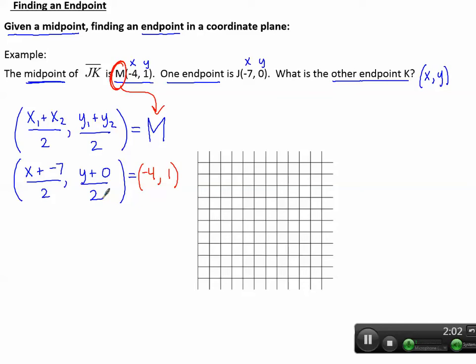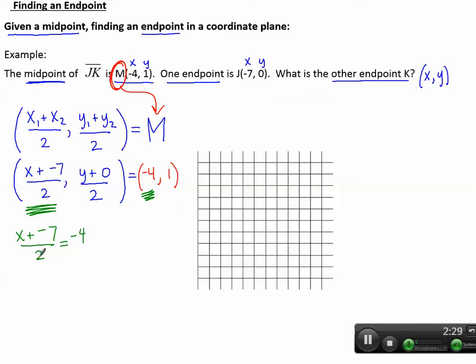Now I can practice using my algebra skills to find that missing x and missing y. Let's take them one at a time. So first I'm going to deal with the x's. The x's have to equal this x. So I'm going to write x plus -7 divided by 2 equals -4. And now I'm going to solve that equation.